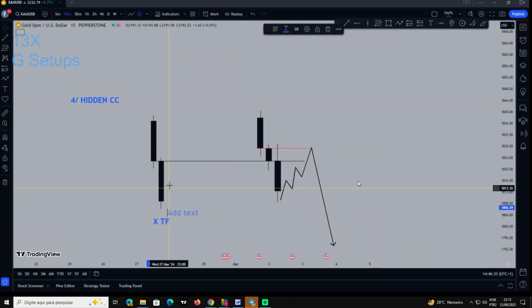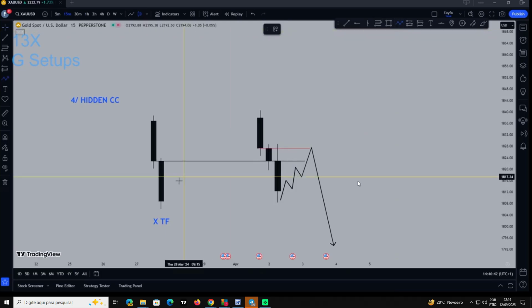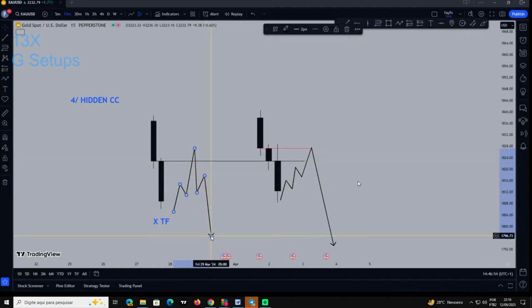Same thing here. You will see price reacting from nothing here. But in reality, price came up, ignores that gap level to reach this gap CC to continue the move down.